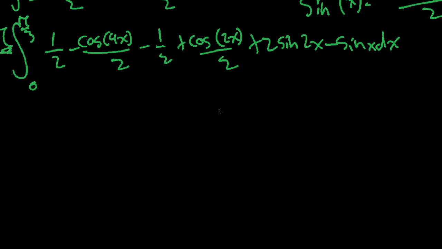So the integral of cosine is going to be sine over the value inside, and then the integral of sine is negative cosine.